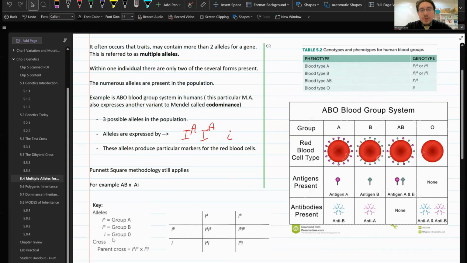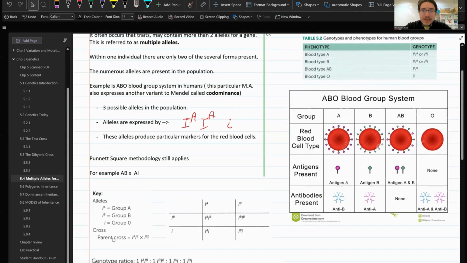Back to the idea of multiple alleles. You can have the A allele, you can have the B allele, or you can have a combination of both designated as AB, essentially being heterozygous.